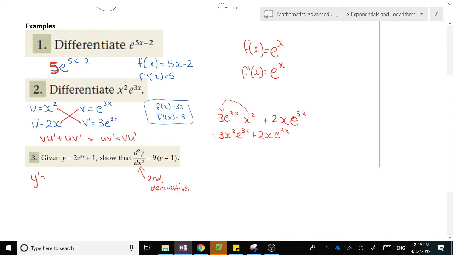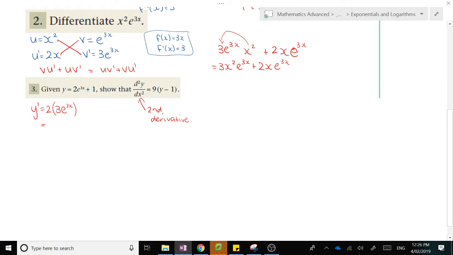y dash. So the 2, who cares about it? Let's write it again. We've got e to the 3x. Did we not just differentiate that in the question above? Yeah. So what is it differentiated? We differentiate the 3x and we get 3. And then we write the equation again. And the 1 disappears.